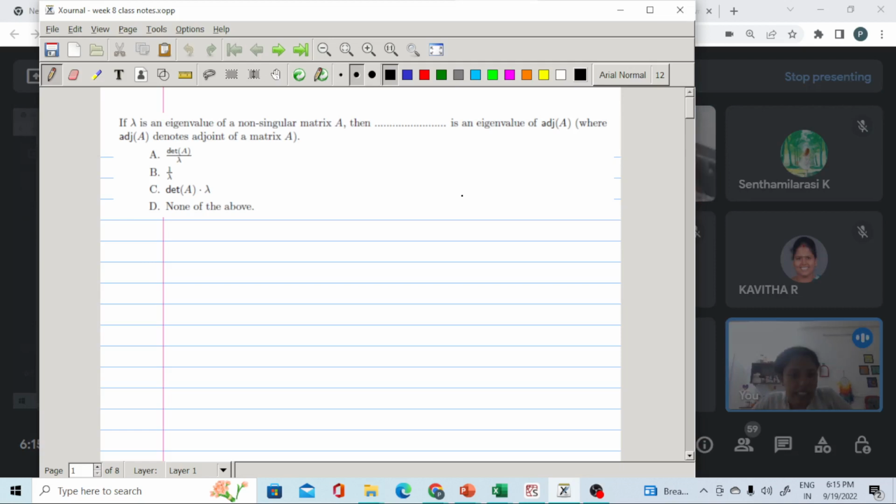Let's begin with the first problem. Here we are given a non-singular matrix A, and given that lambda is an eigenvalue of this matrix A. The question is: what is the possible eigenvalue of the adjoint of A?